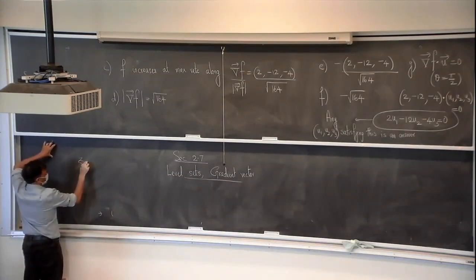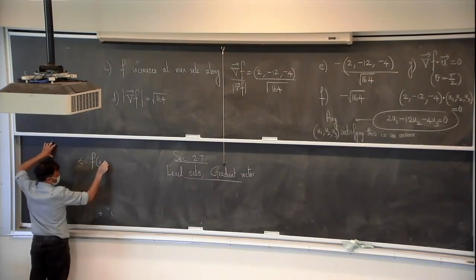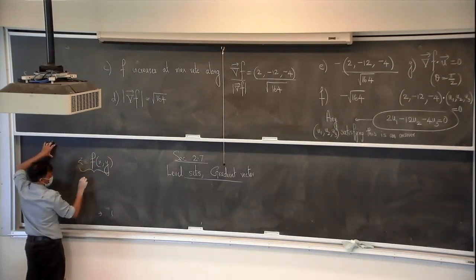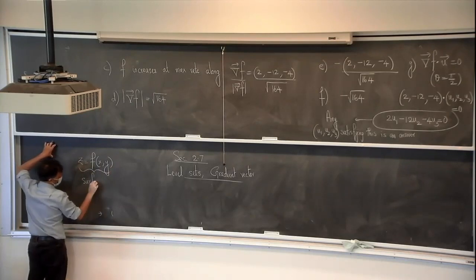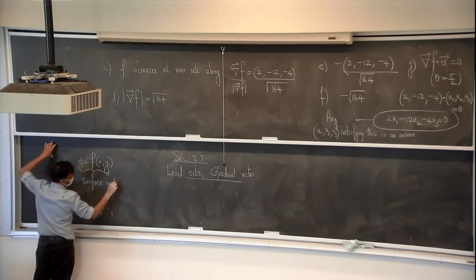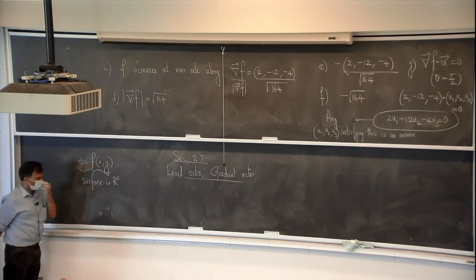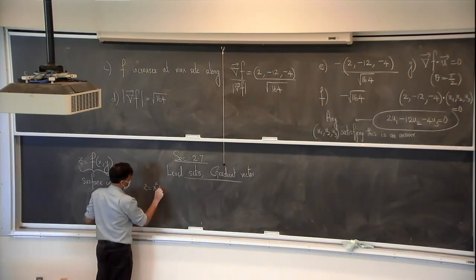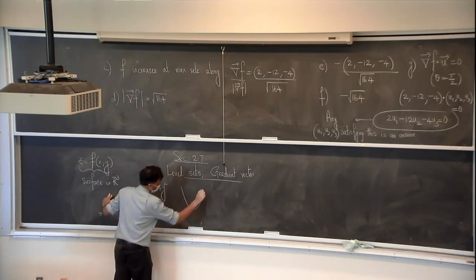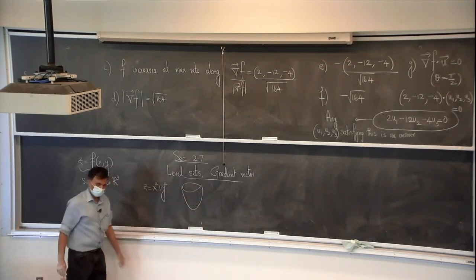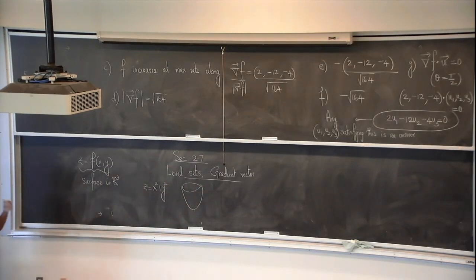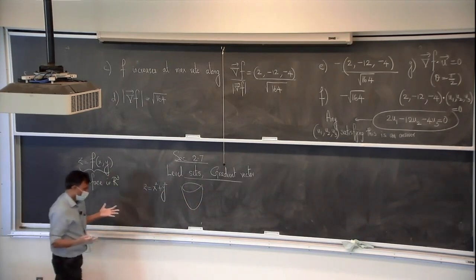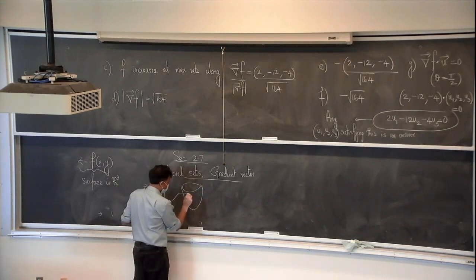Remember that we started with a function like this, z equal to f of x y, which is a surface in R3. So for example, if you have z equal to x square plus y square, you have a surface that looks like this. And all of us went through this process of trying to understand what it looks like. So what we would do is we take a cross section of this.